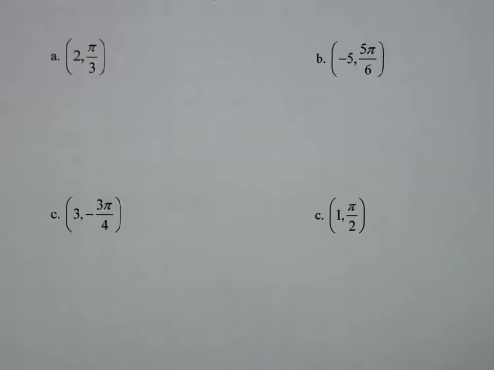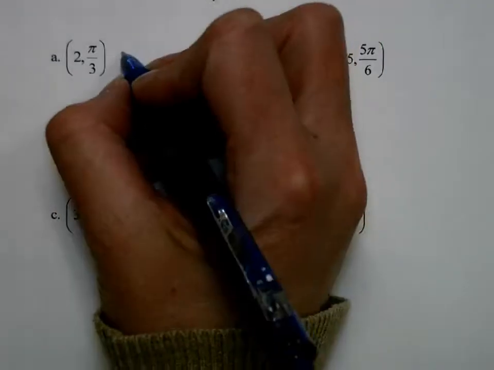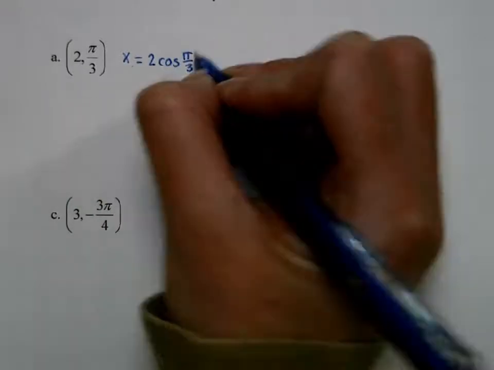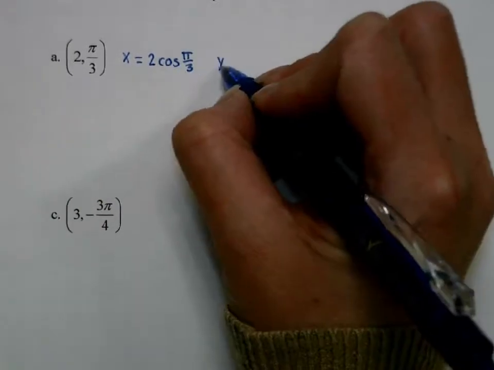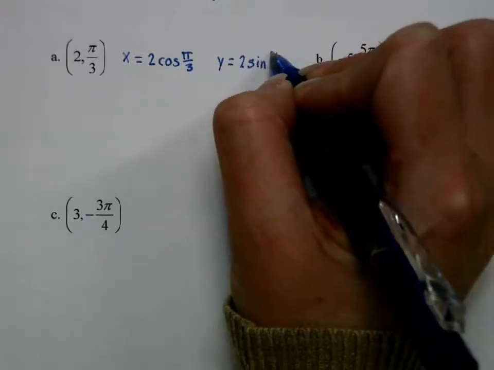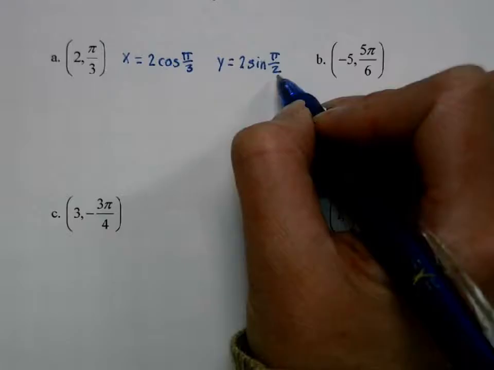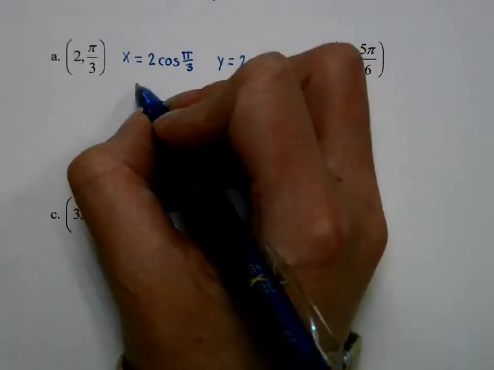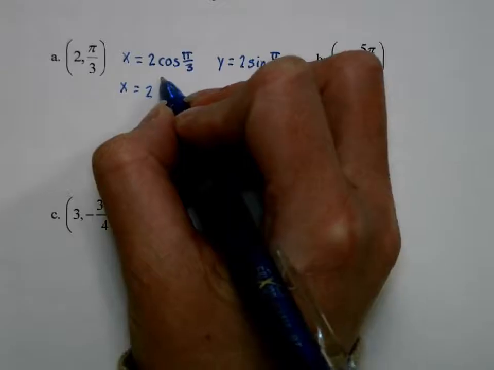So for this one, x is going to equal 2 cosine pi over 3, and I'm writing this separately, but you could certainly just write this in a coordinate and work it out that way. So r sine theta for y. Then we'll evaluate using our knowledge of the unit circle.